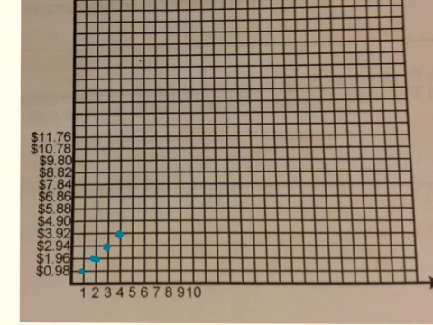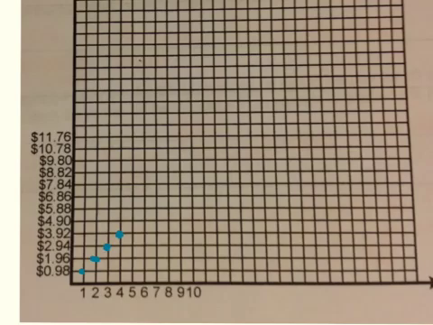But they want us to extend this out to at least 10 songs. So even though our table doesn't have the space to record it, what do you think is going to keep happening with these dots? It's going to go diagonal upwards. It's going to keep going diagonally, perfect, moving the exact same space: over 1, up 1, over 1, up 1.